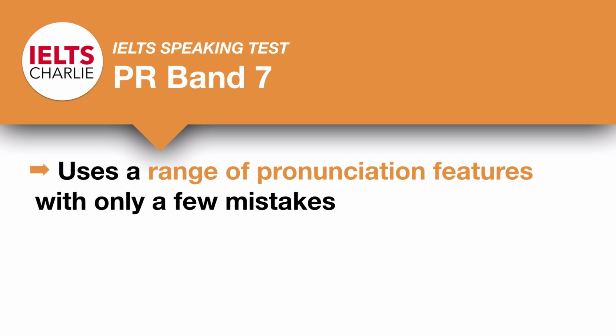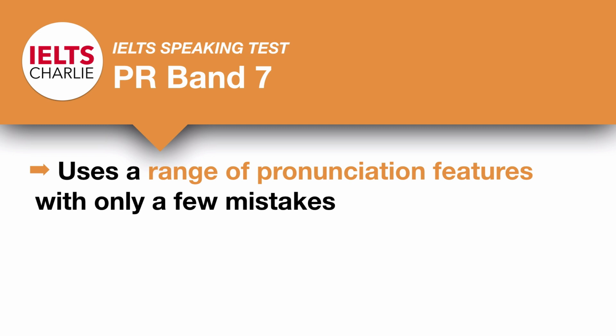Now, pronunciation features are things like connecting words together. So, for example, I would say, I went to work. Some people say, I went to work. But it's a natural way of speaking English, connecting words together. I went to work.